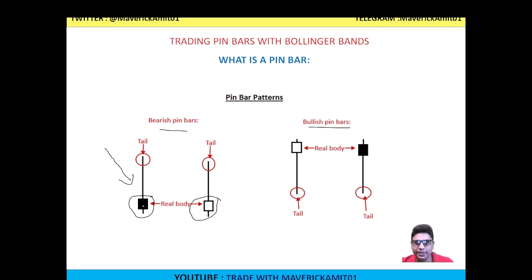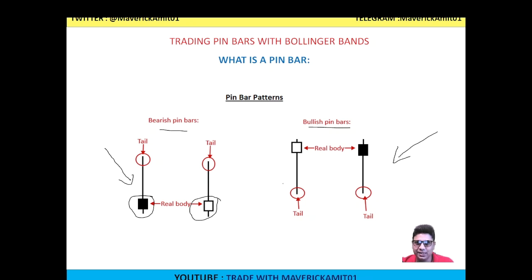The color of the body, it may be a red color body or it may be a blue color body, bullish or bearish body, it does not matter. What matters is that the real body of this particular candlestick pattern has to be small and the tail has to be long. Friends, this is the example of a bullish pin bar pattern.